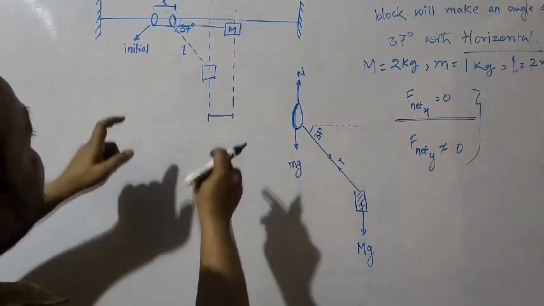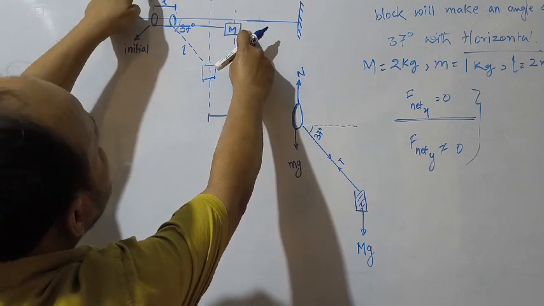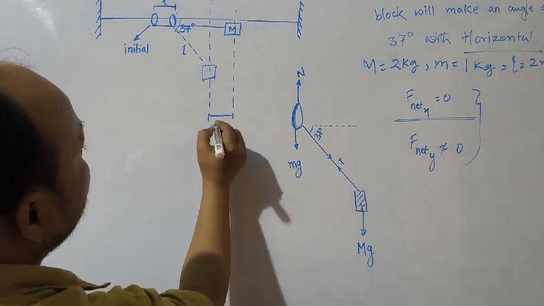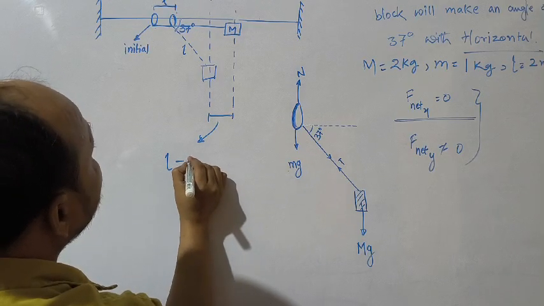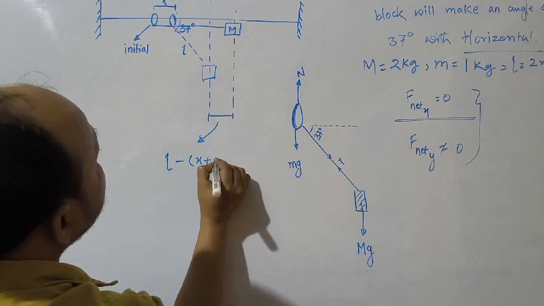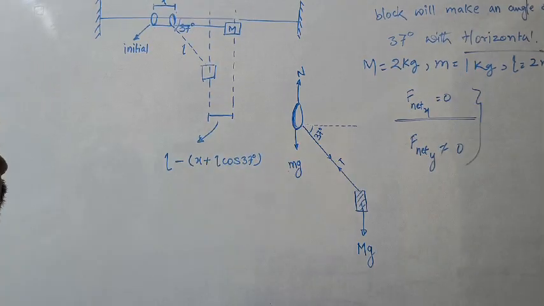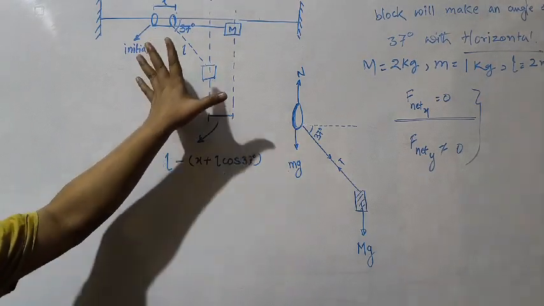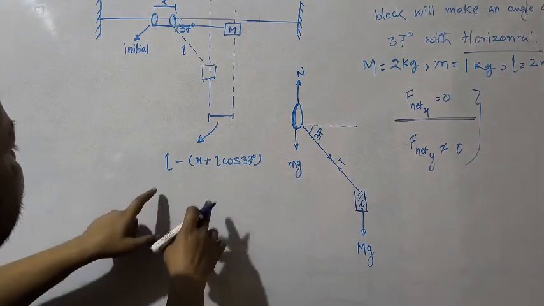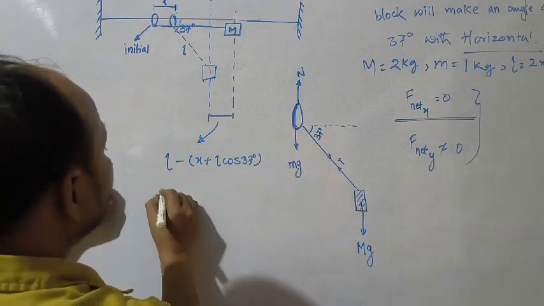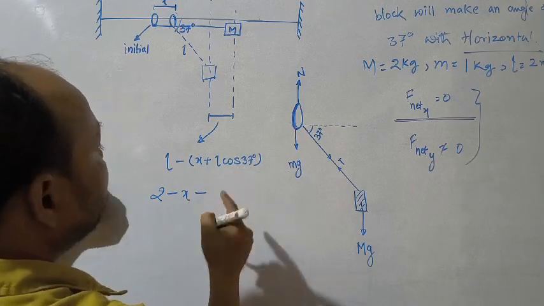Okay, and the total length is L, so L minus x minus L cos 37. So what will be this value? L minus x plus L cos 37. I think we are correct. Okay, so what will be the value come out from here? L is equal to 2 minus x minus L cos 37.